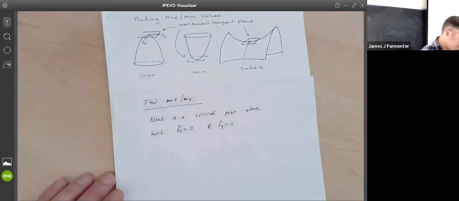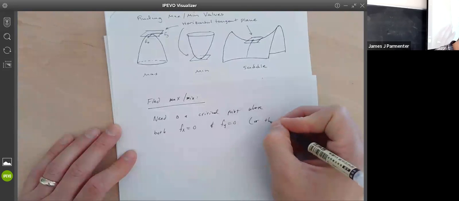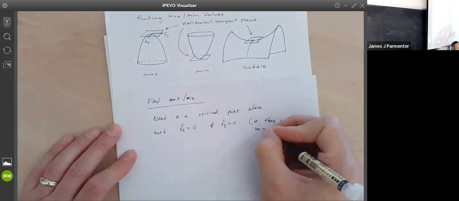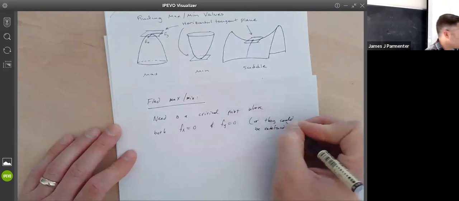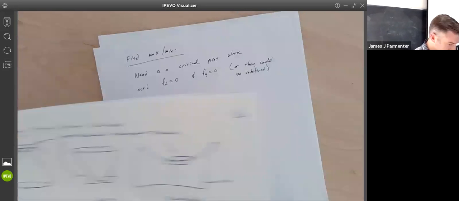Now, I should also mention, they could be undefined. You could have a critical point where one or both of the partial derivatives were undefined. That is also a valid thing that happens.